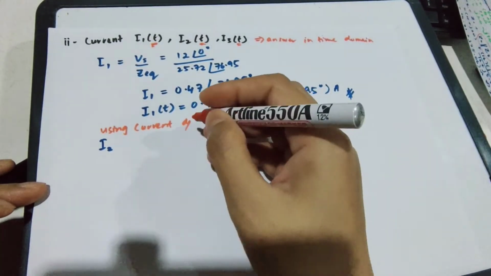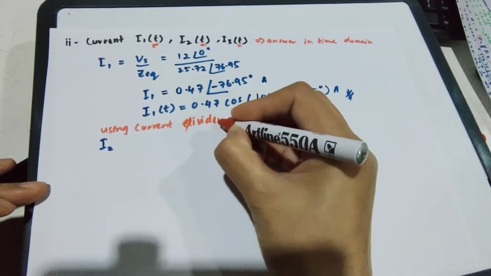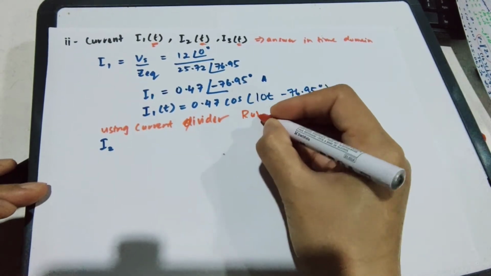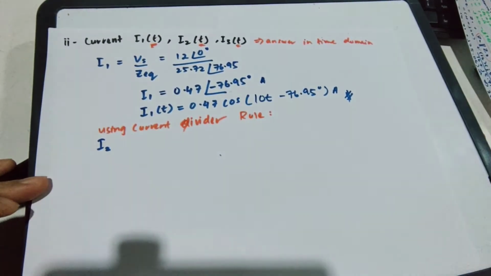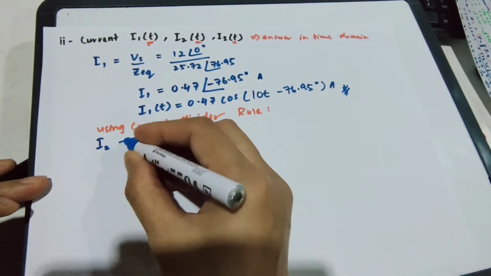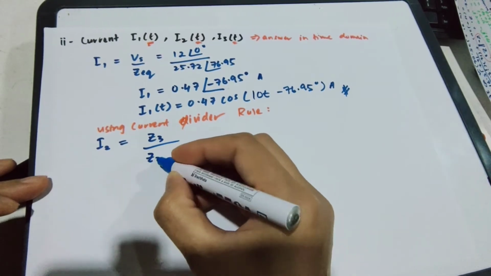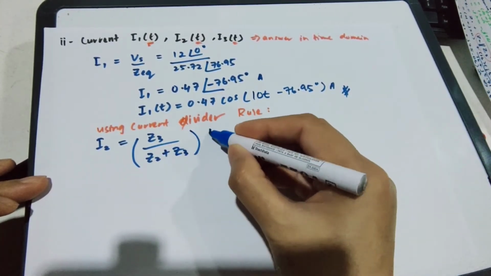Using the current divider rule, we obtain I2 equals Z3 over Z2 plus Z3 times I1.